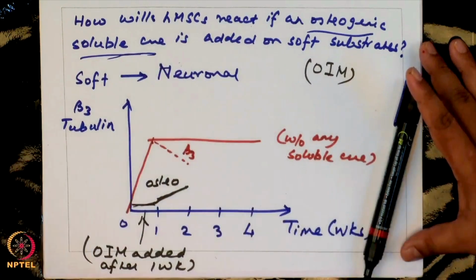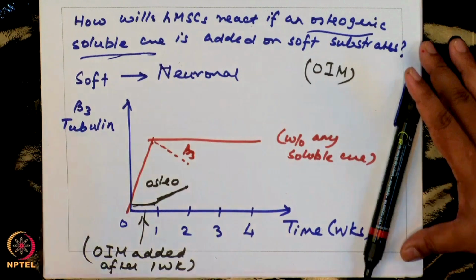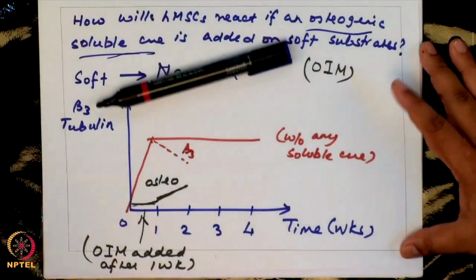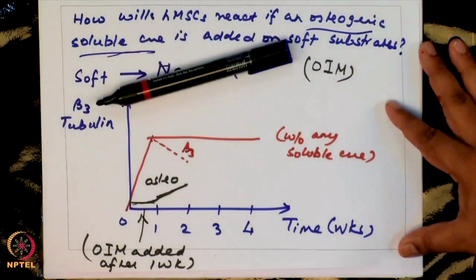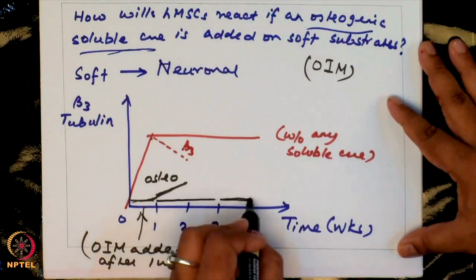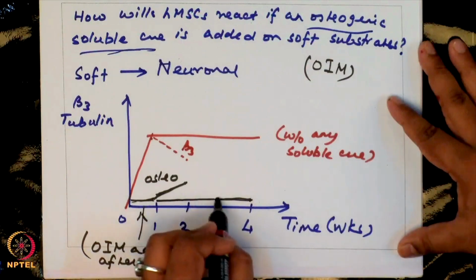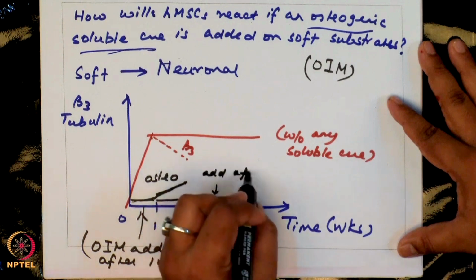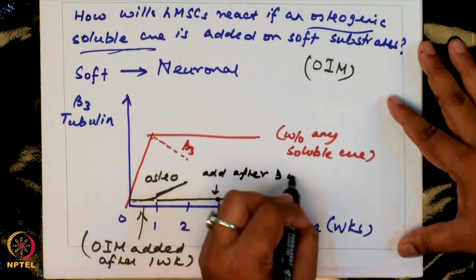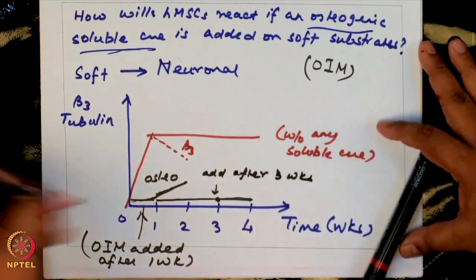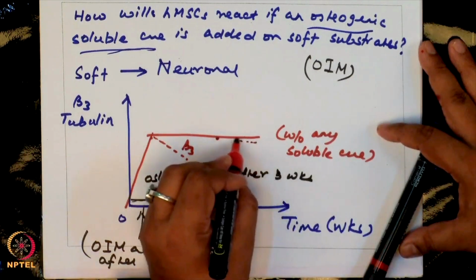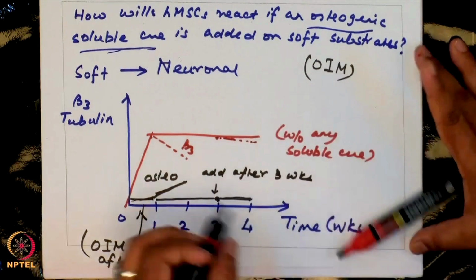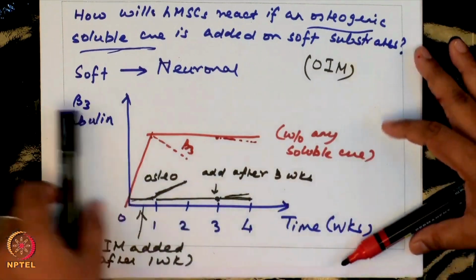However, if you add after 4 weeks, if you add after a long time, what you see at later time points, if you add after 3 weeks, is that from this point there is hardly any drop and hardly any increase in osteo marker.